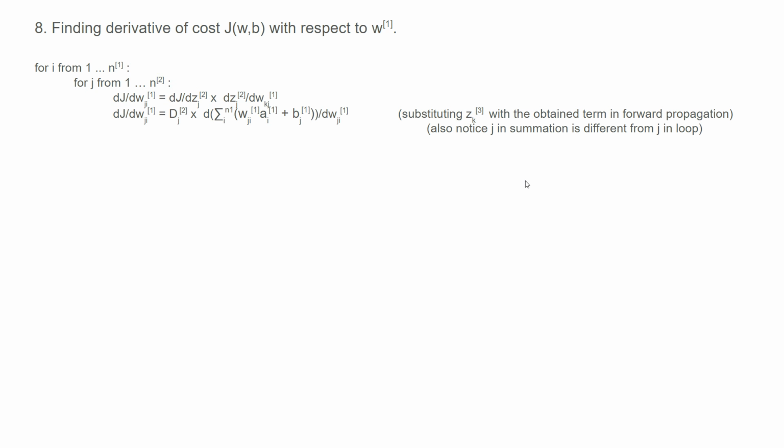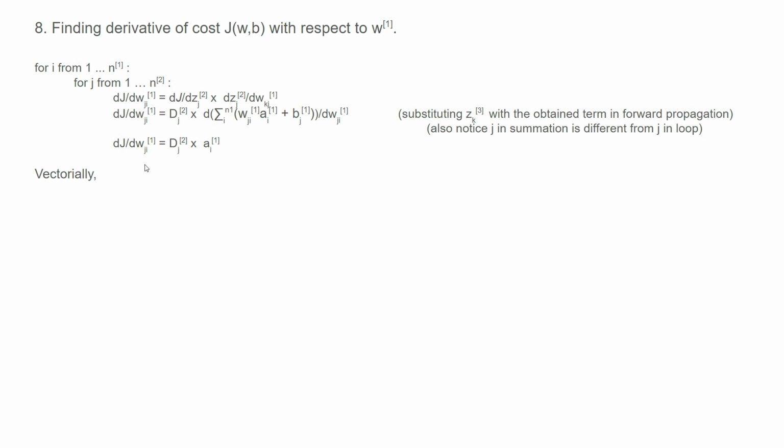We have just substituted dzj2 from the forward propagation equations. We get that the differentiation with respect to wji will be 1, all the other terms in the summation will be 0, and hence 1 into ai1 is ai1.